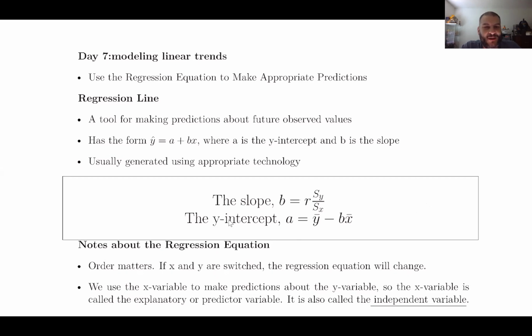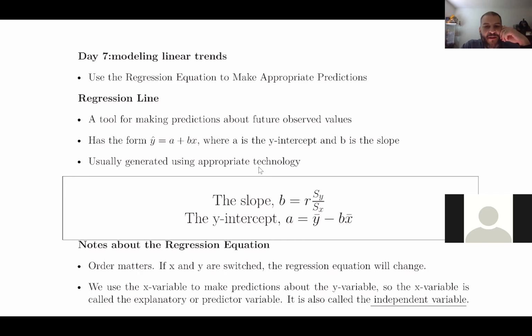All right. So today we're going to go ahead and make a model. This linear model is going to help us make predictions for points that we don't have data for.